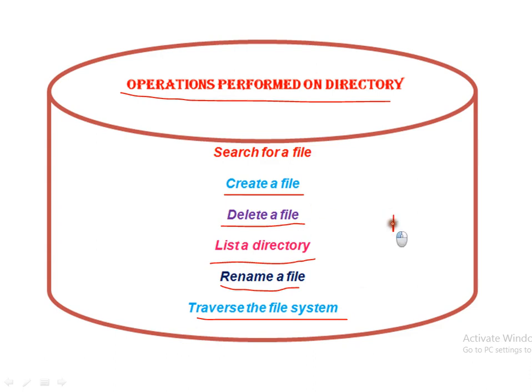Suppose A is one directory, B is another directory, and inside this directory I have another directory called C. If I want to search this particular directory, I should be allowed to traverse from A into B and then into C. That is the meaning of traversing the file system, and then accessing the files present inside the C directory.